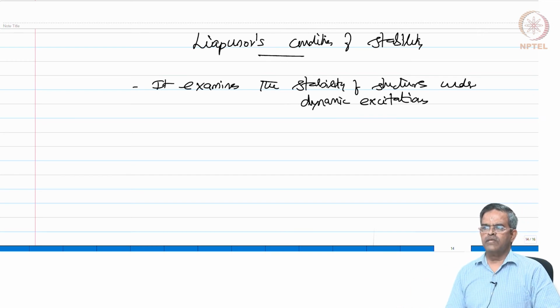If a member is subjected to continuously varying disturbing force, it is necessary to examine whether equilibrium under the dynamic force is satisfied.